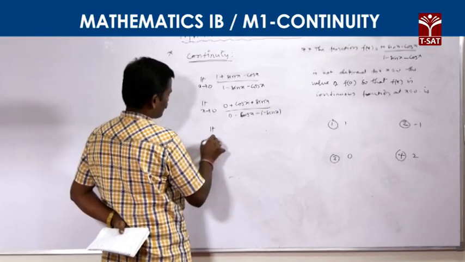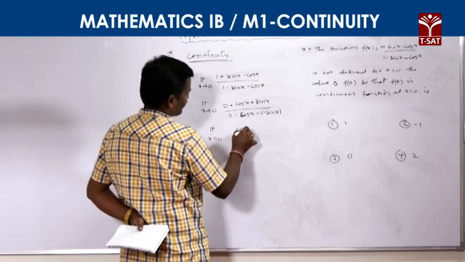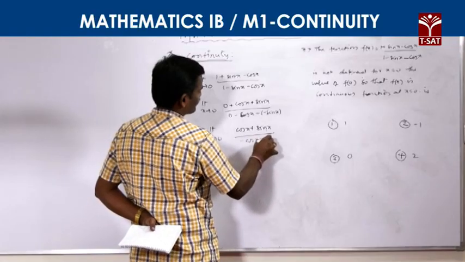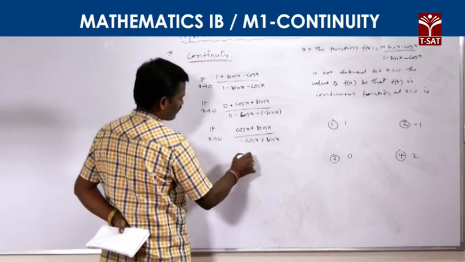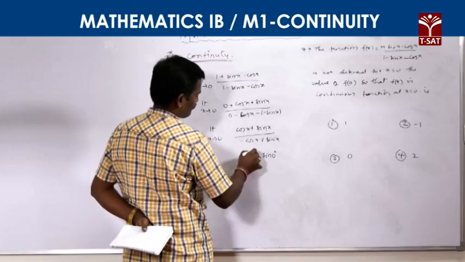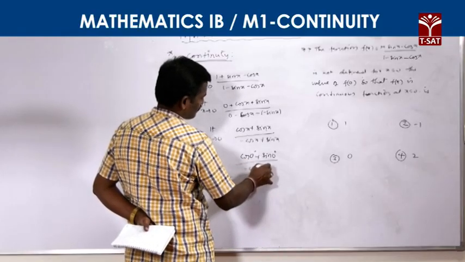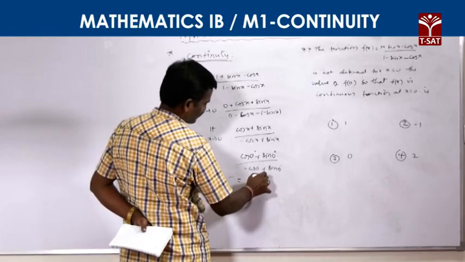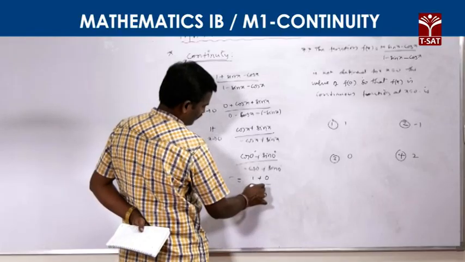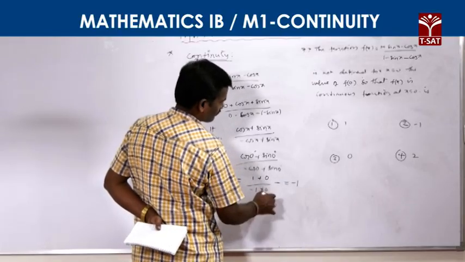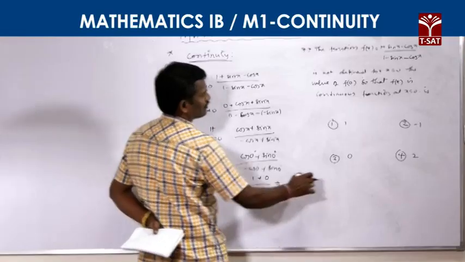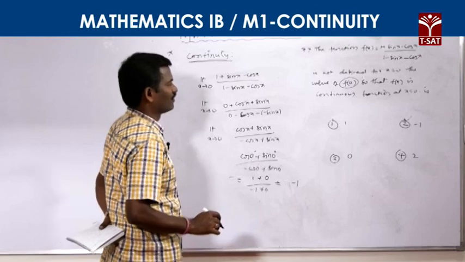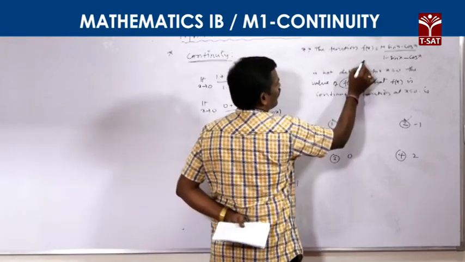So we get cos x plus sin x by minus cos x plus sin x. Substituting x equals 0: cos 0 is 1, plus sin 0 which is 0, by minus cos 0 plus sin 0, which is minus 1 plus 0. So the answer is minus 1. The question asks for the value of f of 0, which is minus 1, where the function is not otherwise defined.